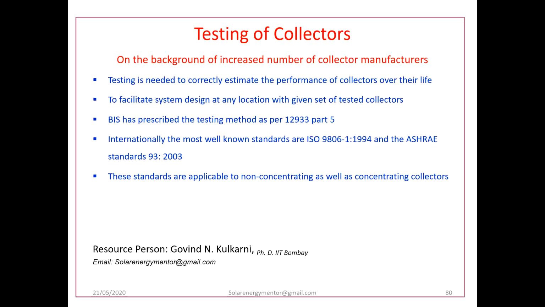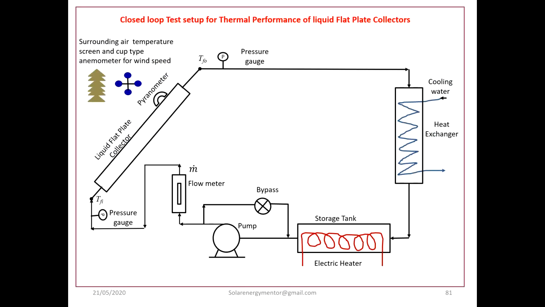These standards are applicable to non-concentrating as well as concentrating collectors. The figure shows the schematic of a closed loop test setup for thermal performance of a liquid flat plate collector.